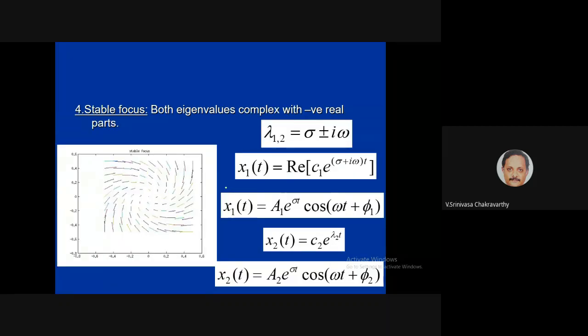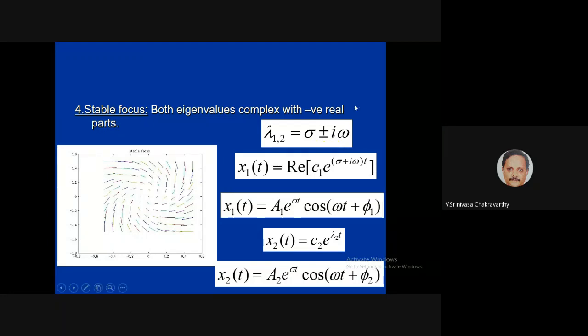Now let us look at the cases where eigenvalues are complex. Since A is a real matrix, when eigenvalues are complex, the two eigenvalues will form complex conjugates. Therefore they are sigma plus or minus i omega.